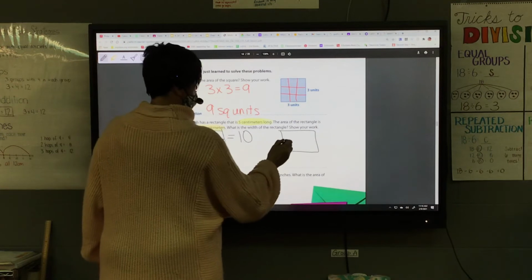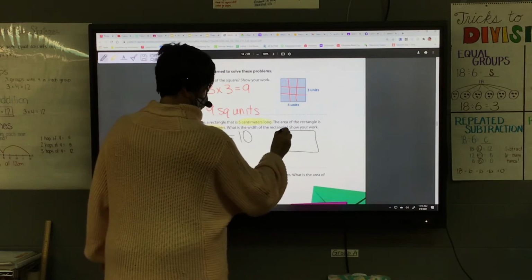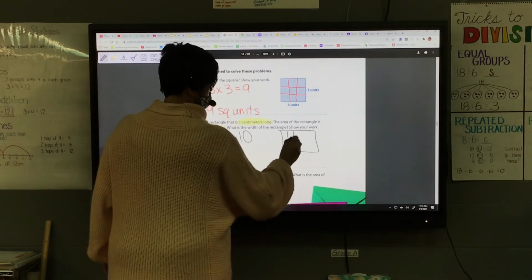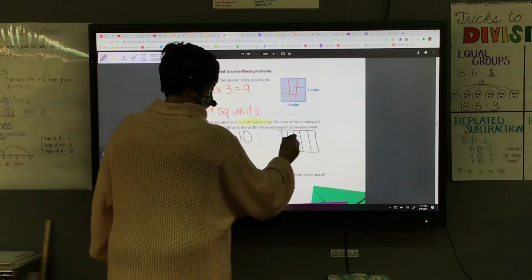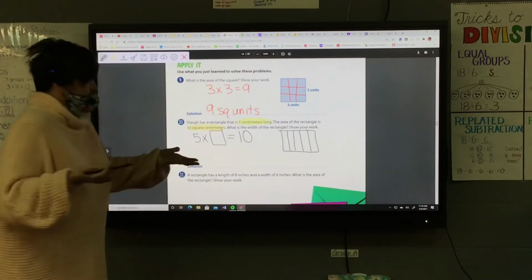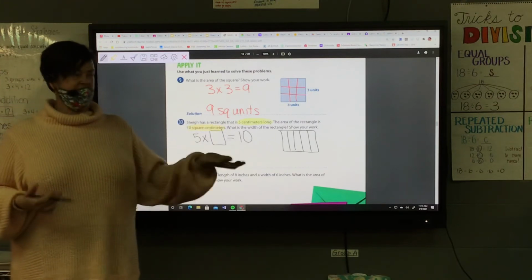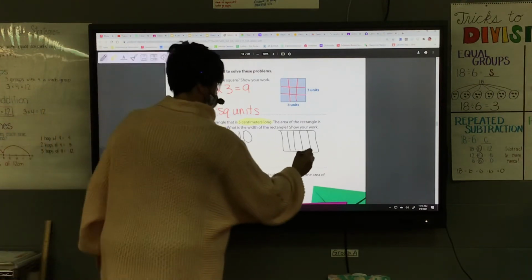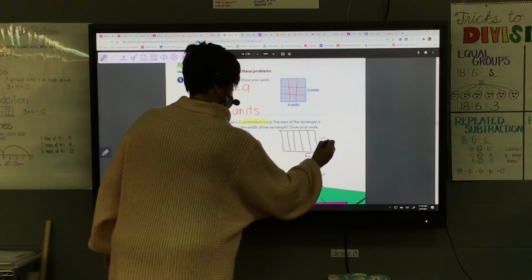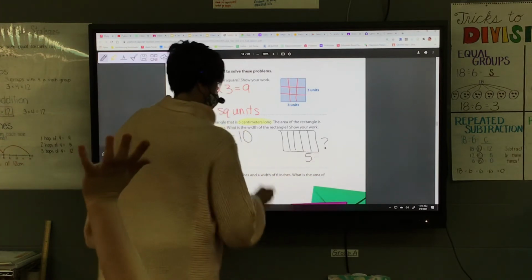and it is 5 centimeters long, so 1, 2, 3, 4, 5. What's our width then? 5 times what equals 10.